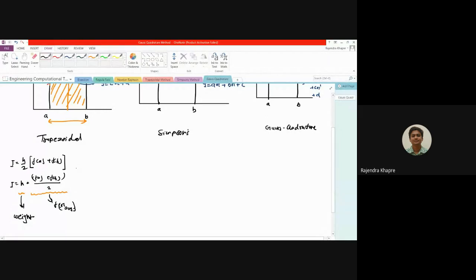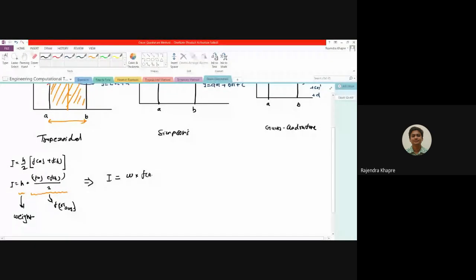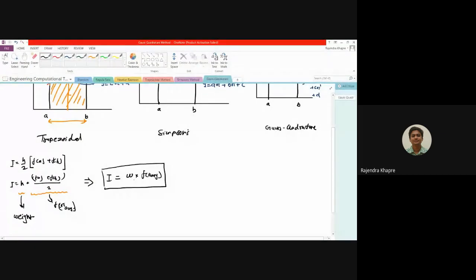Basically a distance between a and b, that is half of the distance, and whatever is the value over there, so this is like this. So now with this you can use a simple expression that I is nothing but weight multiplied by f of x average. So this is a modified kind of trapezoidal equation where this is the equation.